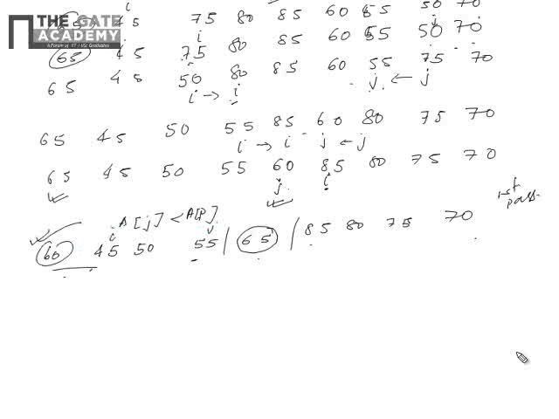Now 45 is less than the pivot, and j is pointing to a lesser value, so j will be swapped, and the values become 55, 45, 50 and 60. The pivot element comes here.